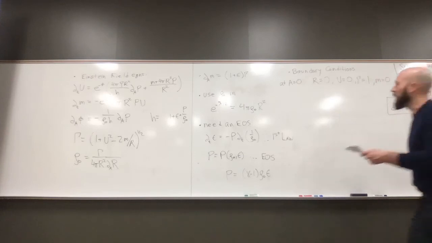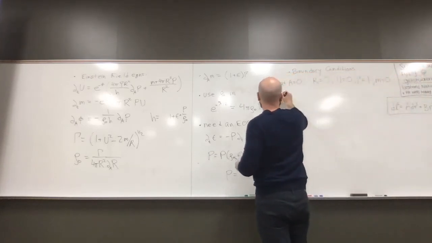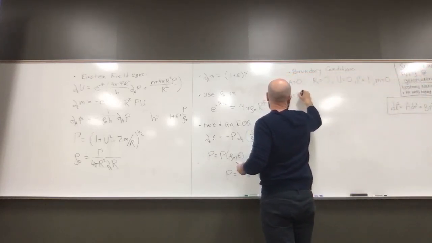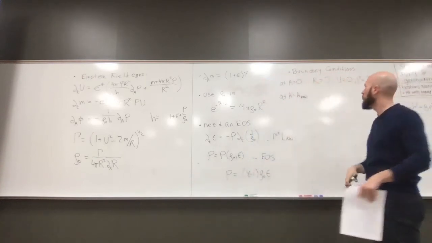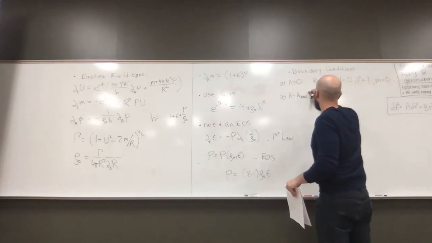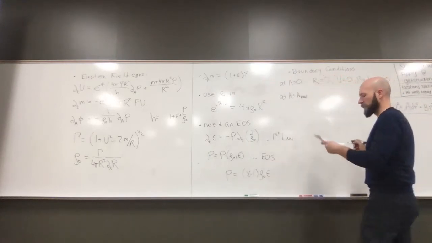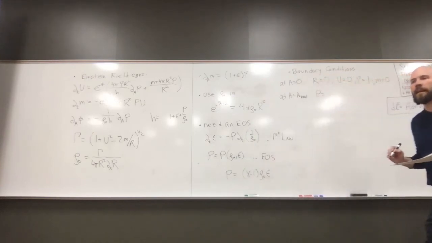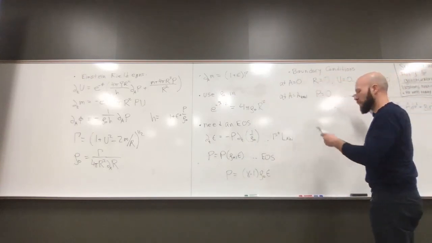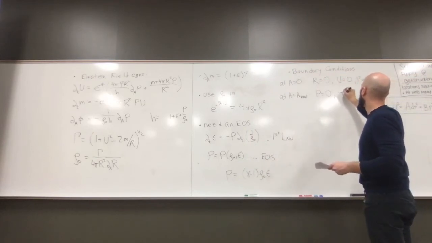Good. Okay. Now, at A equals A total, so the outer limits, right? Could be the edge of the star, let's say. Pressure equals what? 0. So this is bringing back memories of your TOV, right?